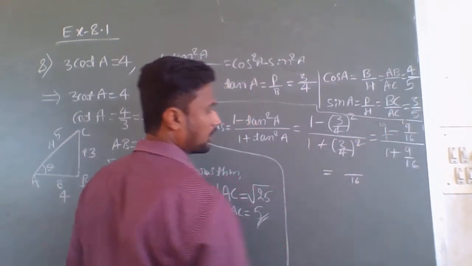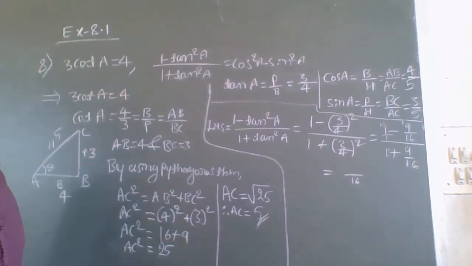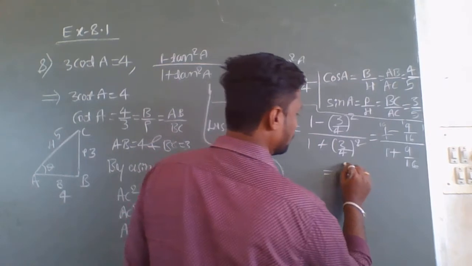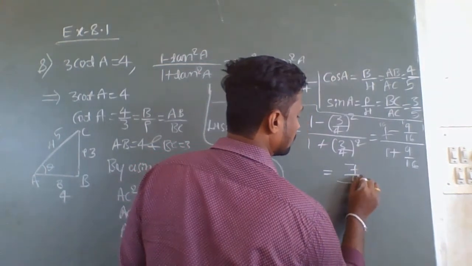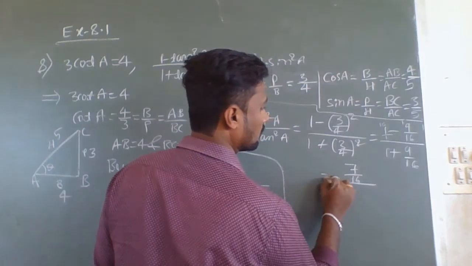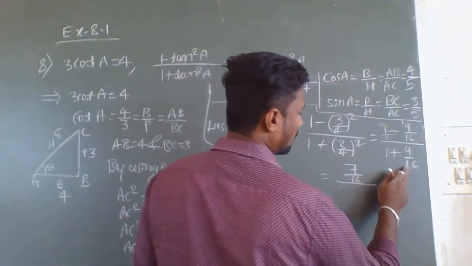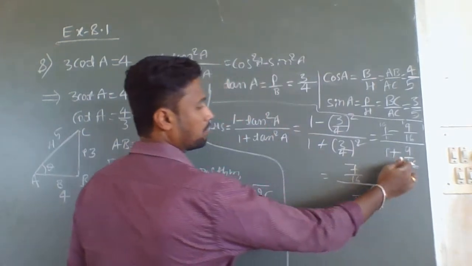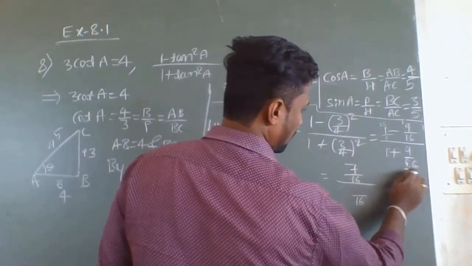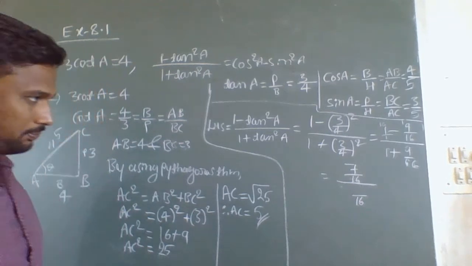Therefore 16 minus 9 means you will get 7, divided by, here 16 is LCM again, because in the denominator 1 plus 9 by 16 also has 16 as LCM.